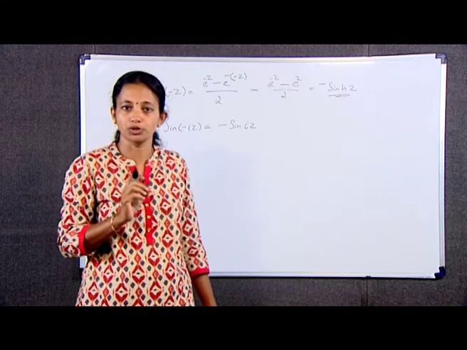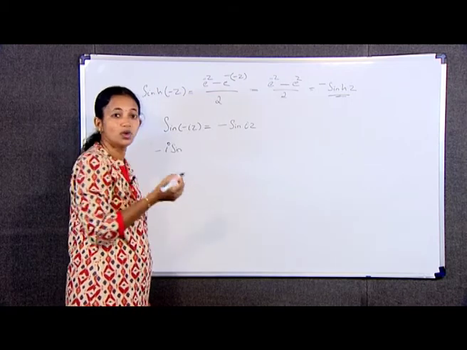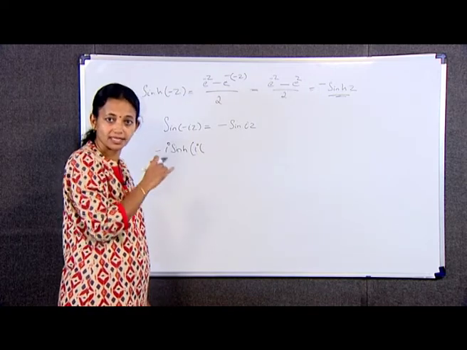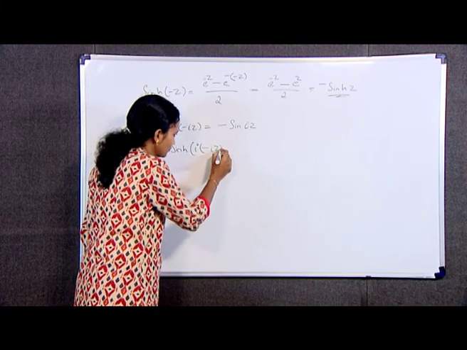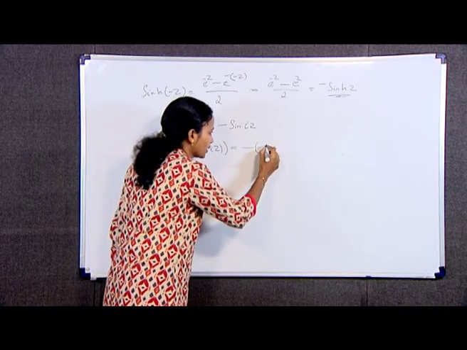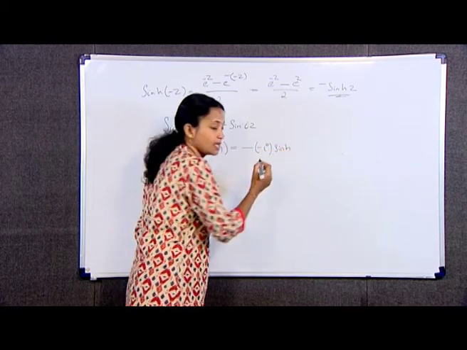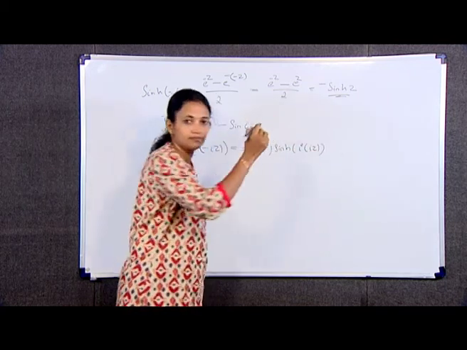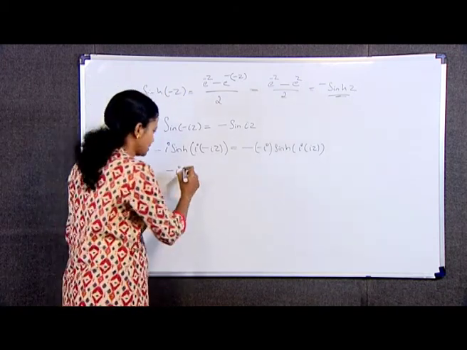Using equation number 2, we obtain minus i into sinh of i times minus iz, which is equal to minus of minus i into sinh of i times iz, that is minus i sinh z.